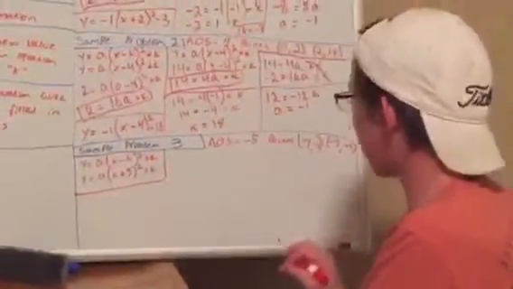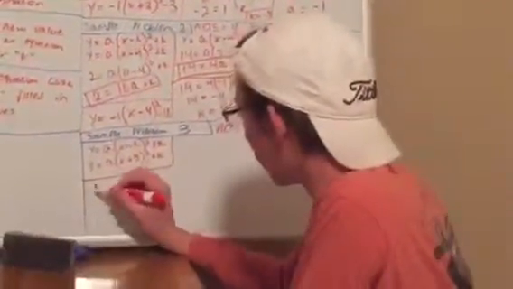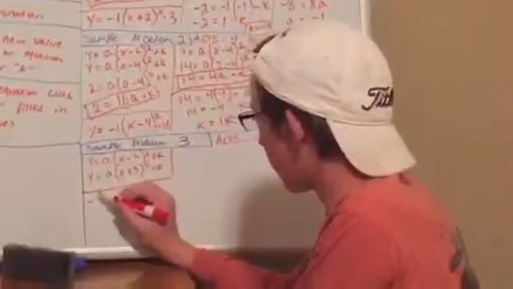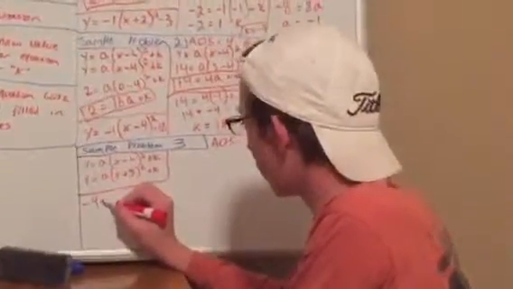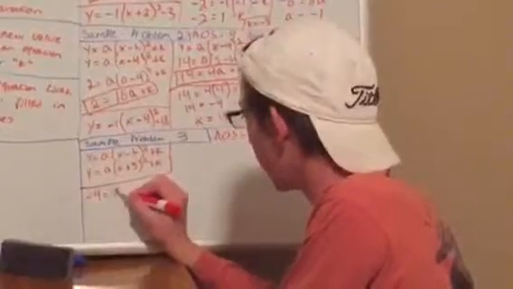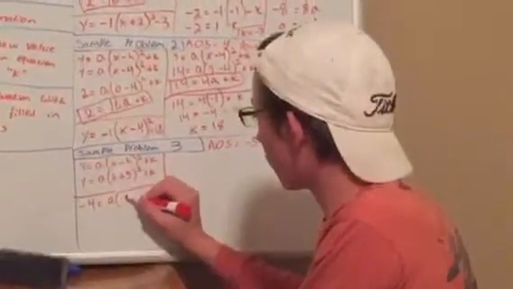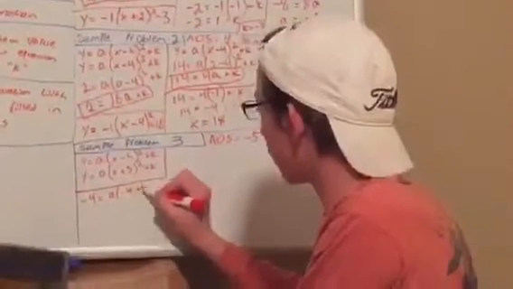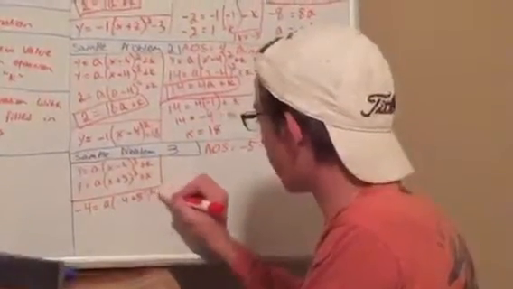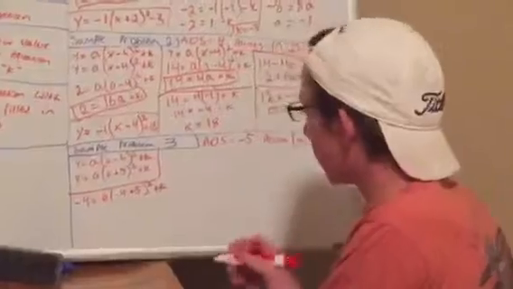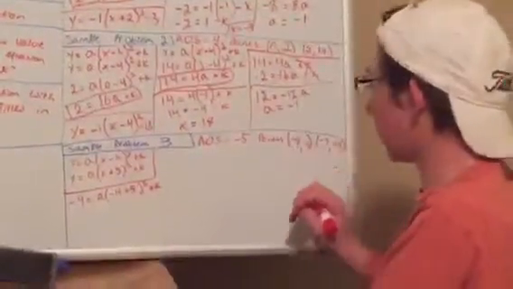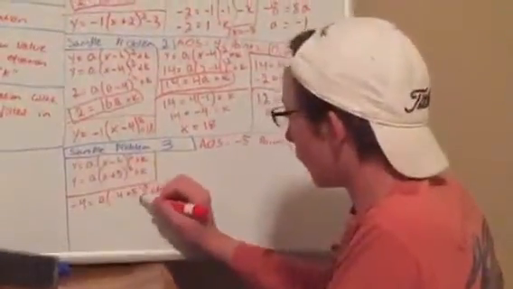Let's start off with negative 4 and negative 4. That means you plug in negative 4 for your y, equal to a, and then negative 4 for your x as well. So negative 4 plus 5, close that, square that, plus k. Then after that, you have to simplify what's in here.